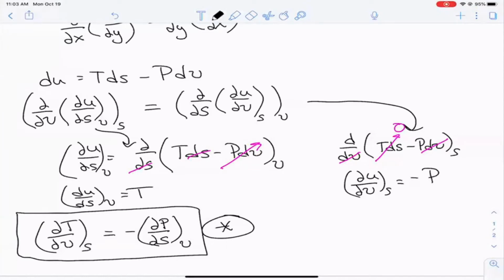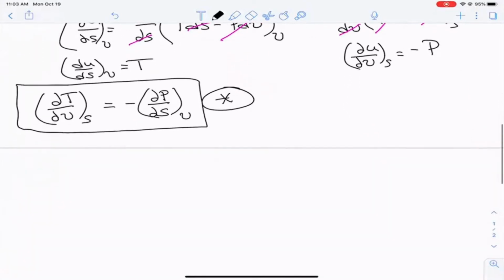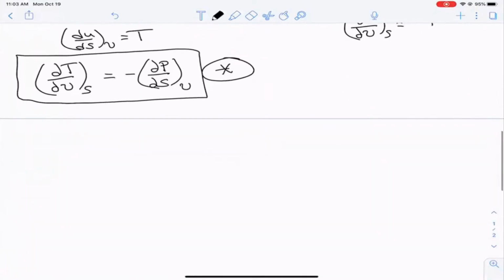And you're going to see that when we talk about applying Maxwell relations in a little while, that we're actually going to use these to get rid of these entropy-related derivatives. And hopefully that becomes a little bit clearer. All right, so we did U, and from the differential for U, we have our first Maxwell relation. And now we can do the exact same thing for the other energies.